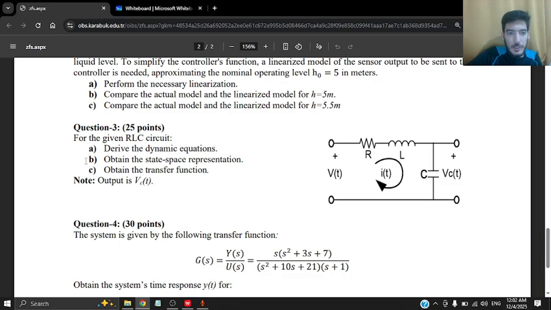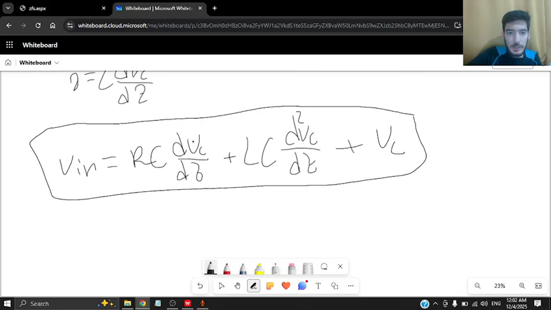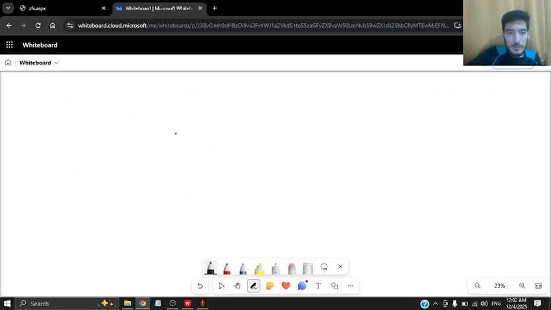Now moving to the B question here, it requires me to obtain the state space representation. So first, since I have a second order differential equation, I have two state variables.